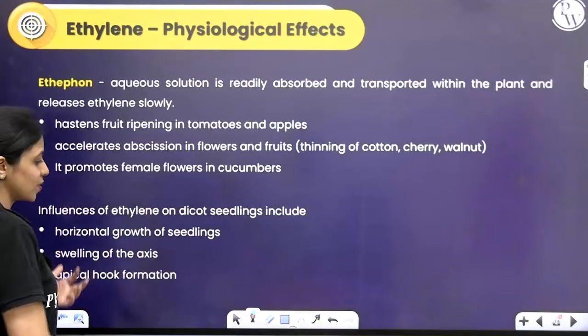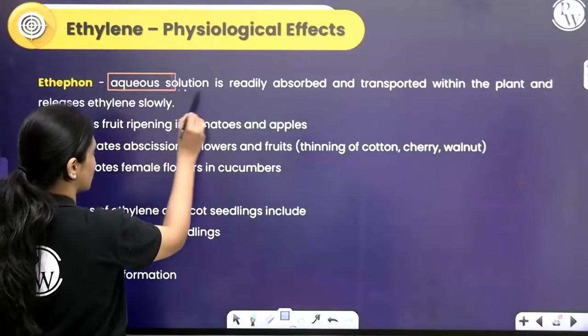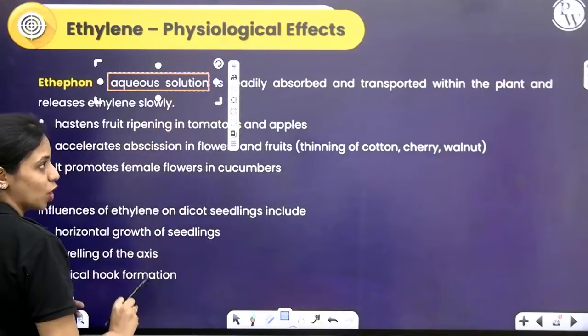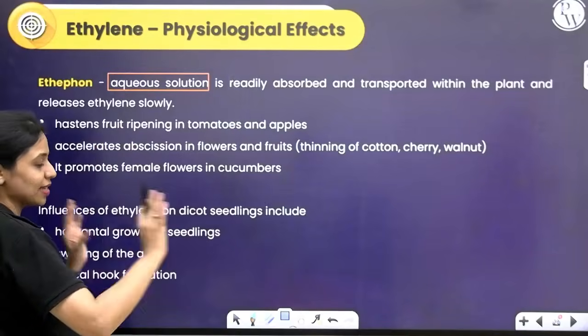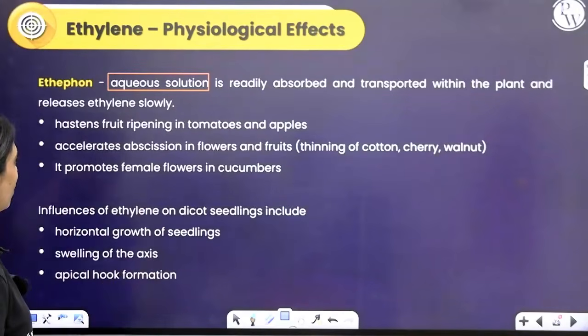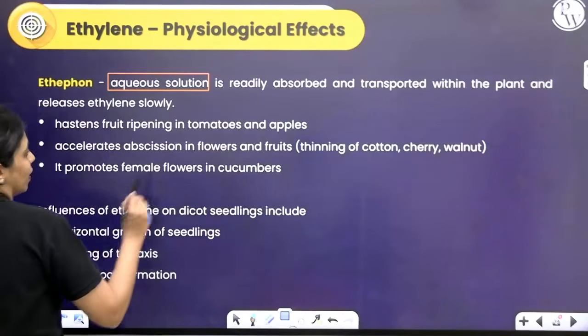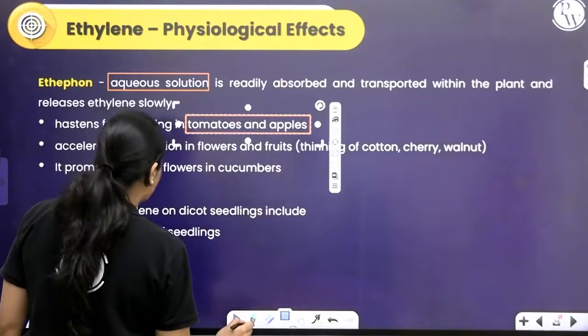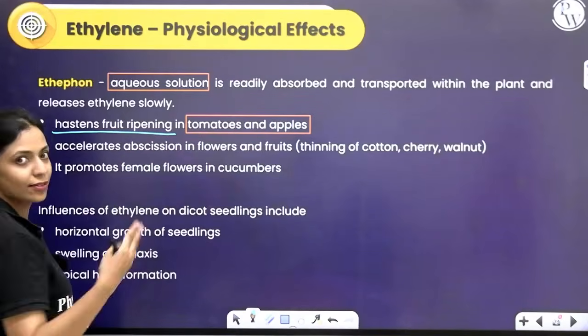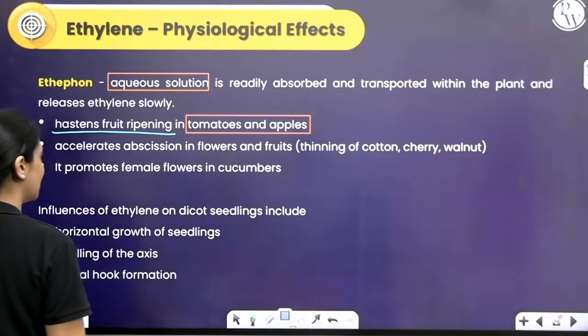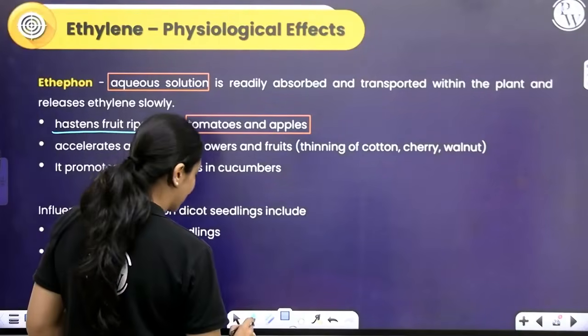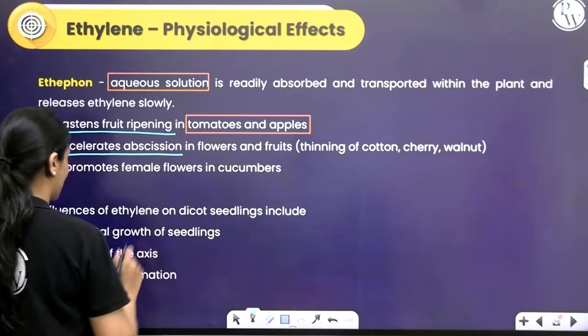It is readily absorbed and transported within the plant and very slowly released as ethylene. What can ethephon do? In tomatoes and apples, it can increase fruit ripening, which is its primary job, right? That is how it was discovered. In flowers and fruits, it can accelerate abscission.